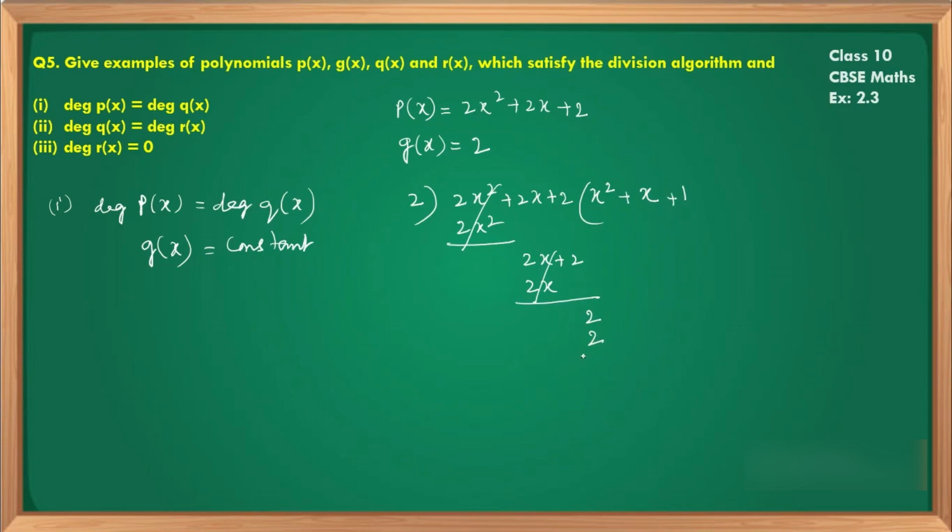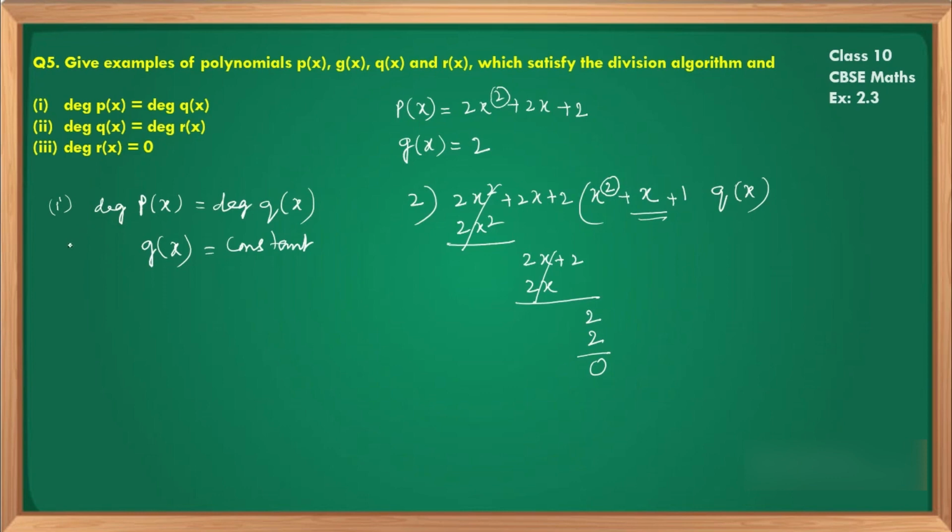I get 2. The remainder is 0. Now this is our quotient, it is qx. Now you can observe here the degree of the polynomial is 2 and the degree of the quotient is also 2. This is how we could prove part 1.